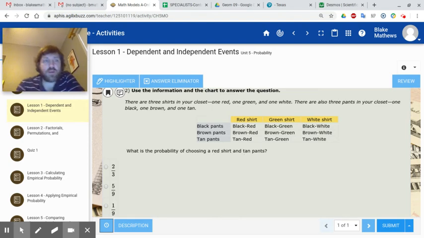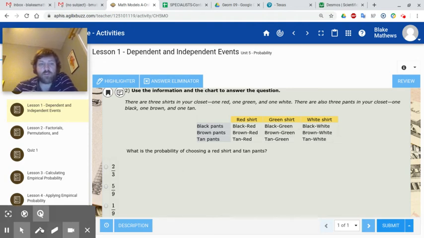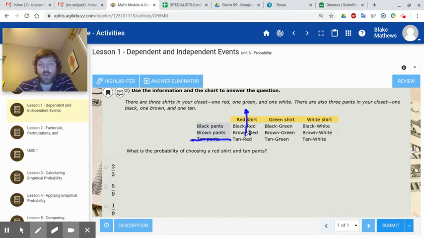At this point in the process, they're not really getting very complicated. All they want you to understand is that if we have three shirts, red, green, and white, and three pants, black, brown, and tan, then all these inside this table represent the possibilities. So if we want to do red shirt, which is this, and tan pants, which is this, then those match up to make tan and red.